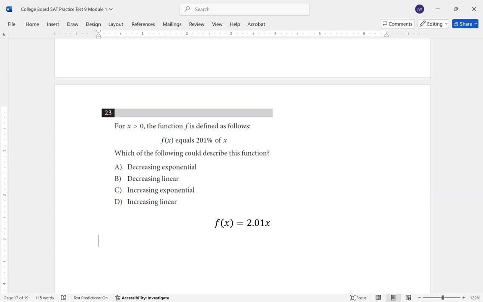In this case, this is a linear function because we have something times x to the first power. So since we have this x to the first power, it's linear. Since the coefficient of x is positive, that means the slope is positive, so it's an increasing function.